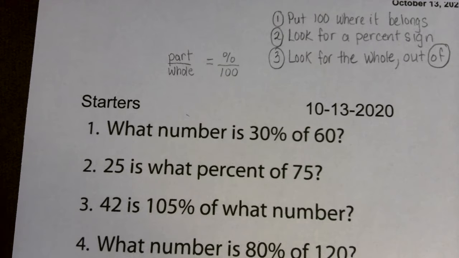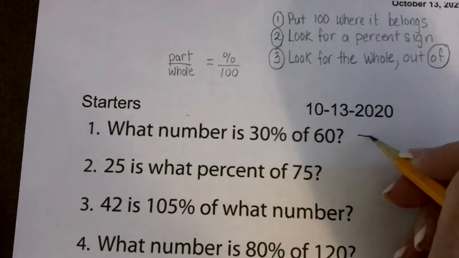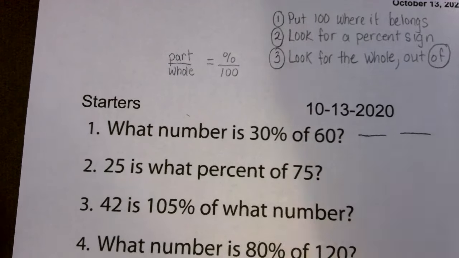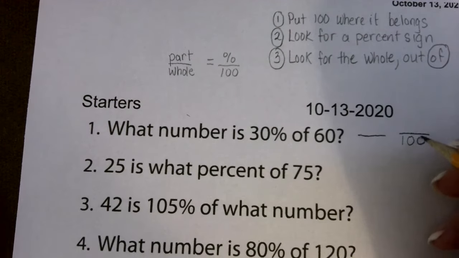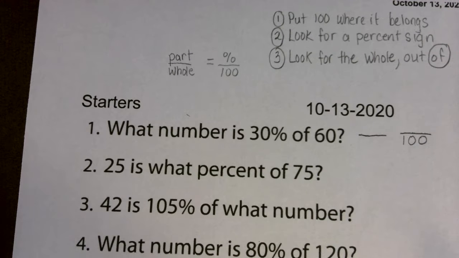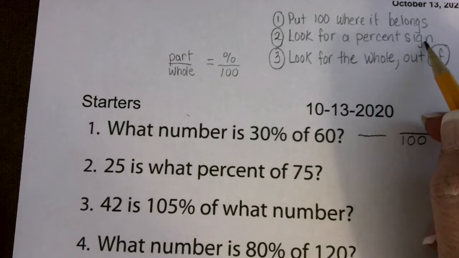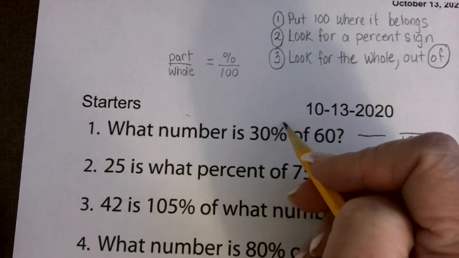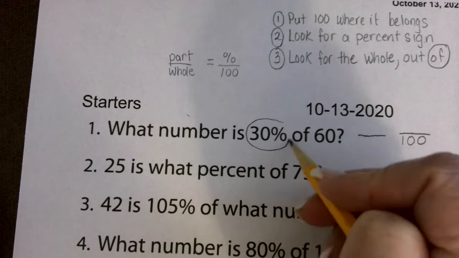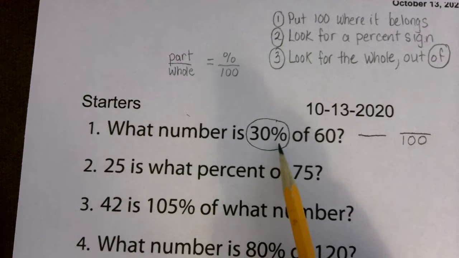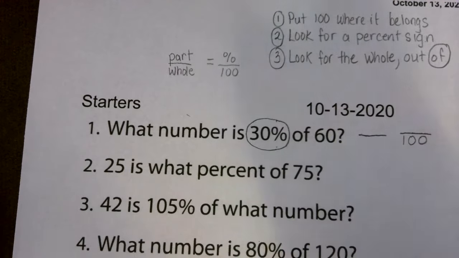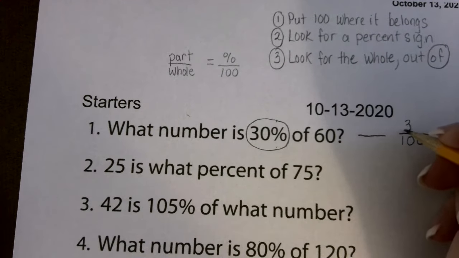So on number one, we're always going to be setting up the percent proportion. So we use our two fraction bars, and then we're putting in the 100 down at the bottom right. We're looking for a percent sign or for a percent in the problem. Like this one, the percent sign is here. And so this is 30%. Whatever that percent is, it goes over the 100.